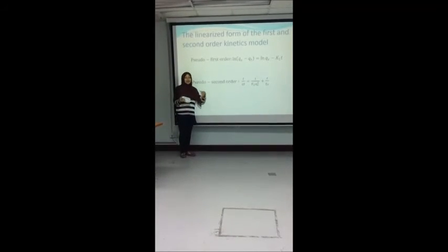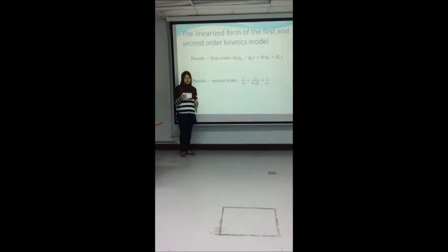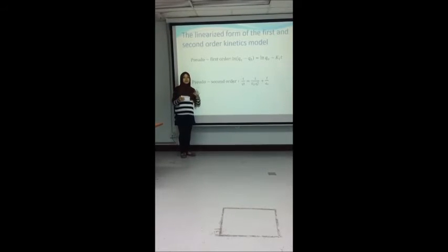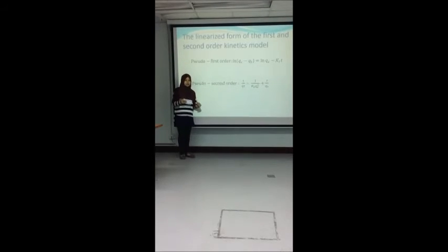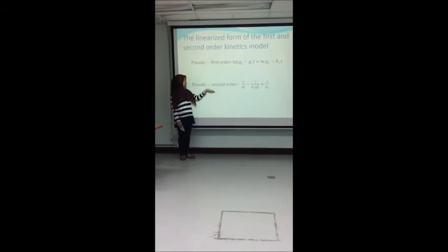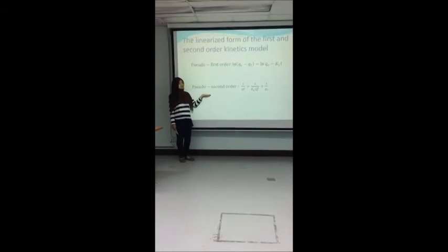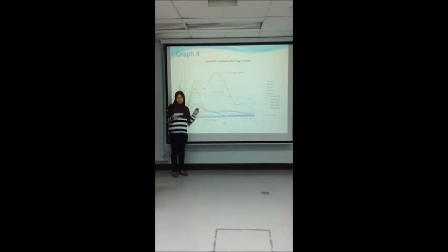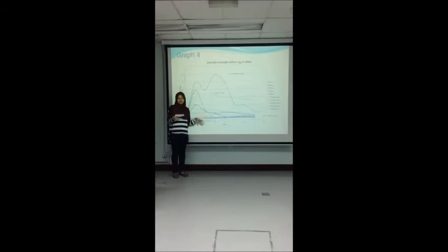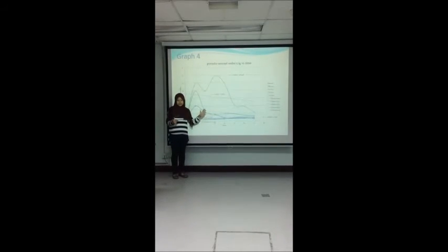In addition, another objective of the experiment, which is to find out adsorption kinetics, can be obtained by using first order and second order kinetics model. The linearized forms of the first and second order kinetics model are shown below. The graph shows a straight line, which is a good indicator that the process undergoes pseudo second order adsorption kinetics model.